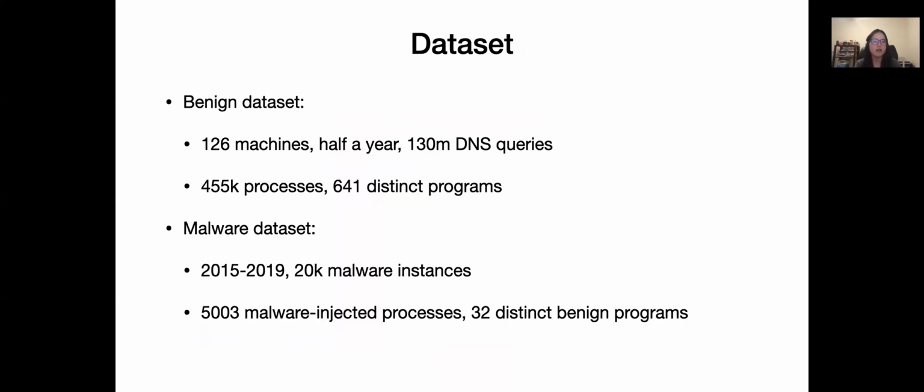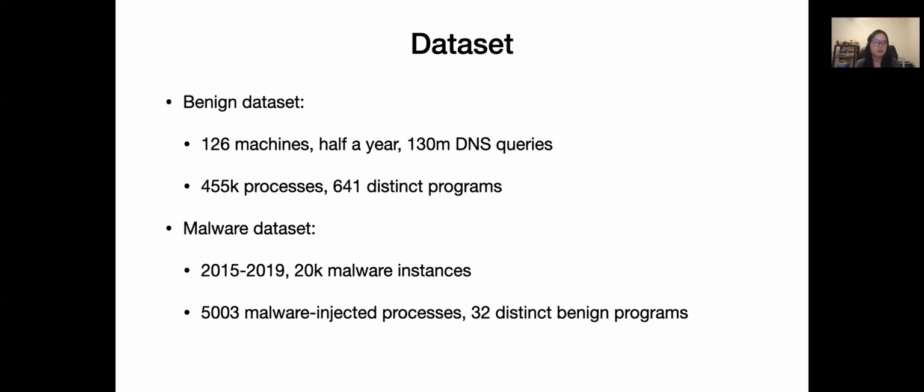First, I want to briefly describe our datasets. For the benign data set, we collected data from 126 machines used by real users for half a year, and we collected 130 million DNS queries. Of these, there are 455K processes instantiated from 641 distinct programs.